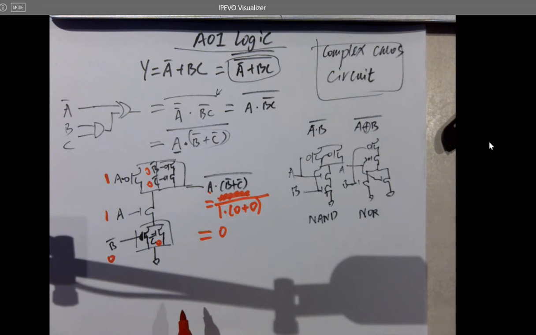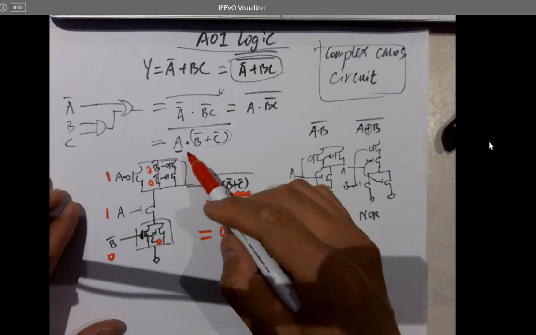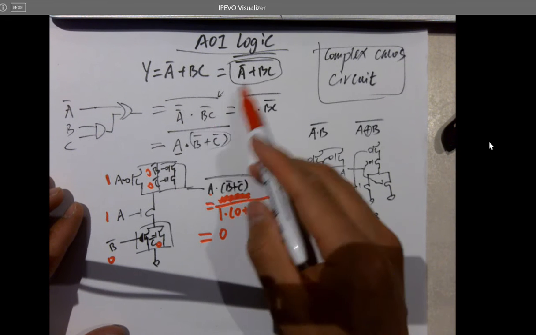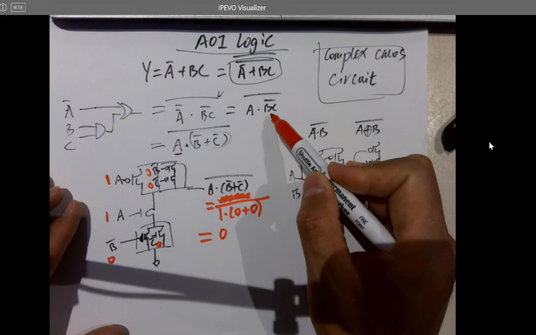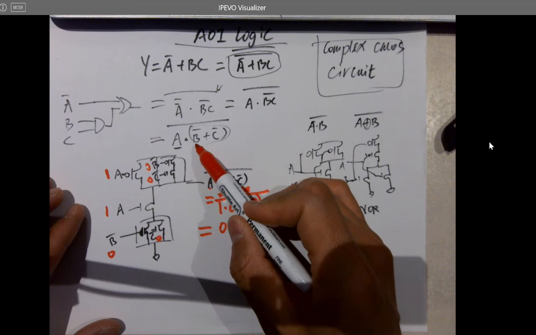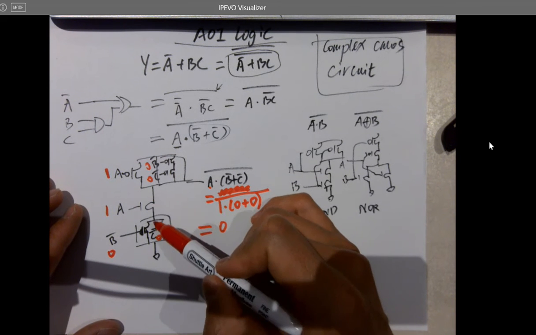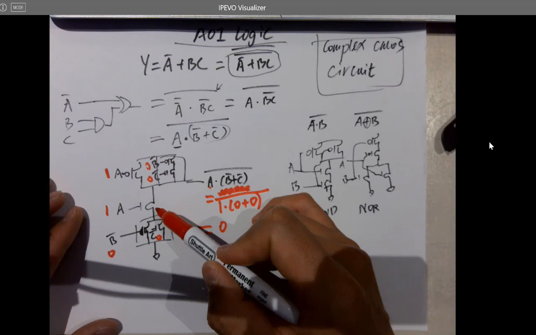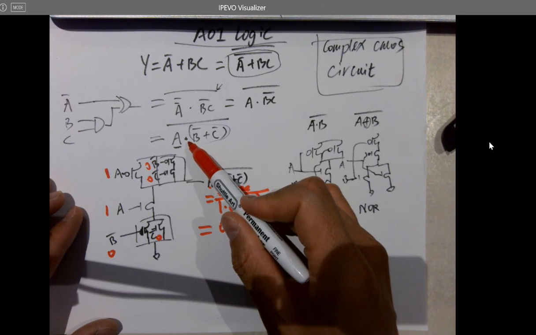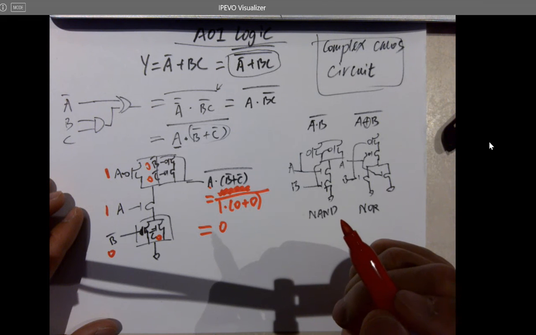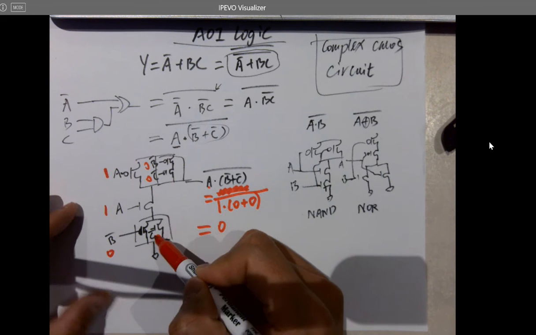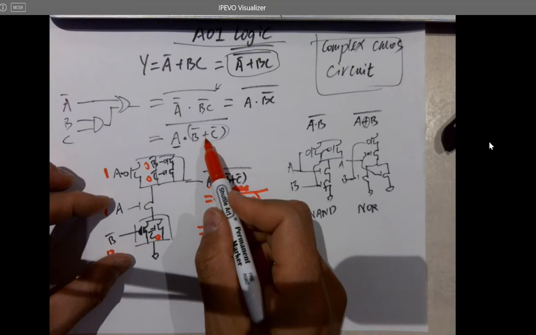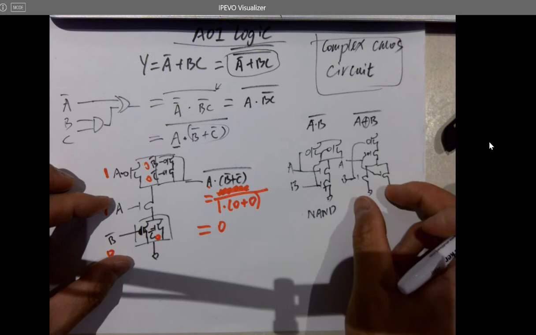So C A. Oh, this is a NOR logic, so these two should be in series, and this NOR should be in parallel, and that is correct.